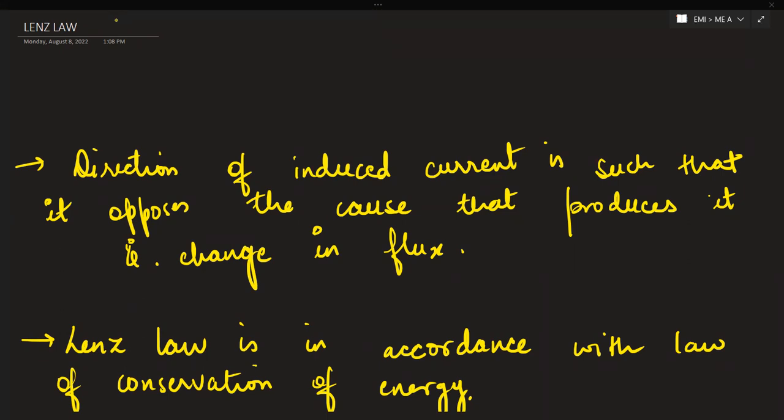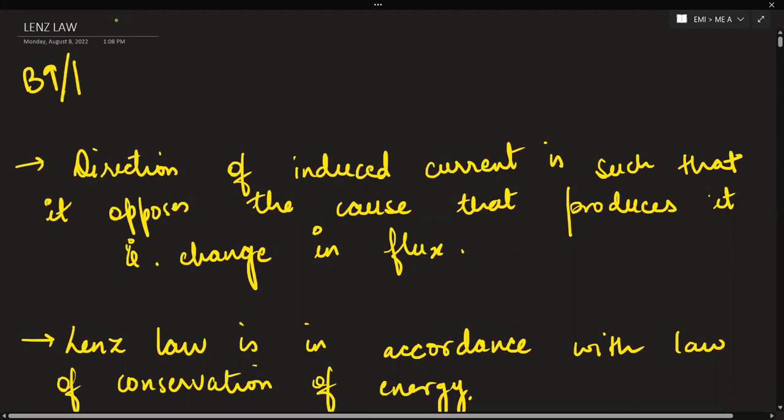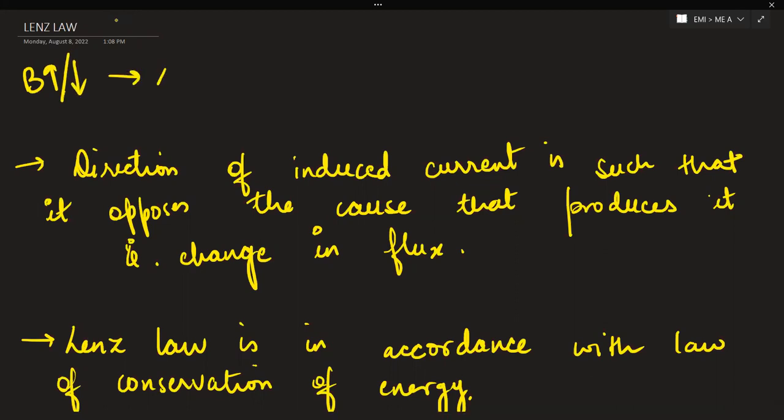Now see what is meant by this Lenz law. First understand, whenever there was an increment or decrement in the magnetic field, there we had what? There was a change of flux, magnetic flux. Yes, this is all clear to all of you. Magnetic flux is increasing, flux increases. Magnetic flux decreases, flux decreases. Because of this magnetic flux, what happens?